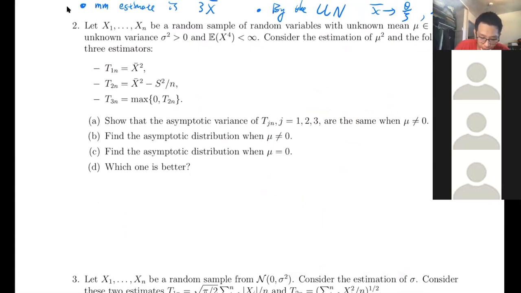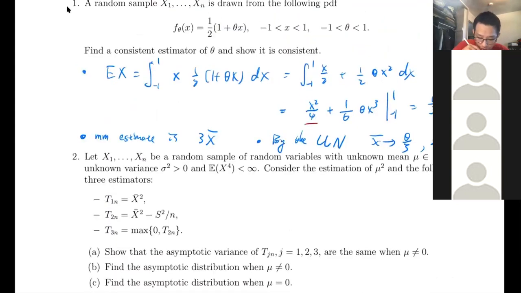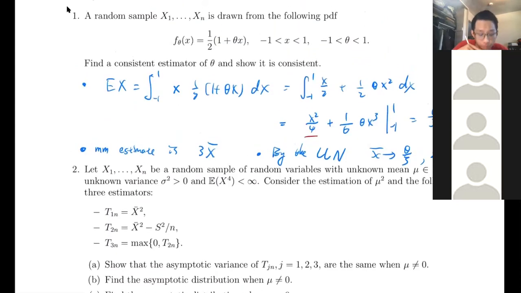Okay, in question 2, we have S1 to Sn. It was just a factor of 3 that was missing in the integral, but I think it's fine now.